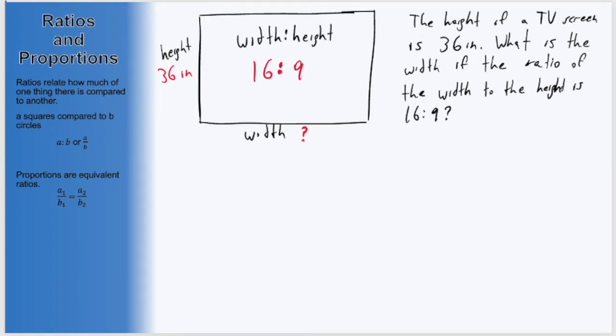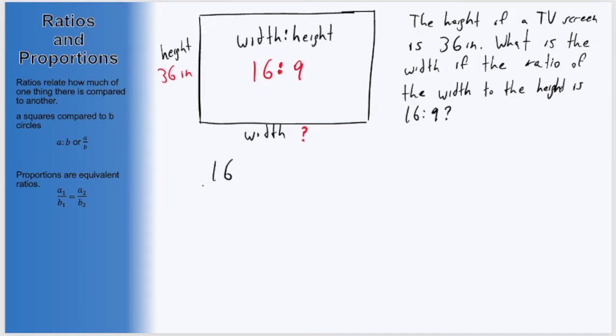Consider a TV screen which has the width to height ratio 16:9, but has a height of 36 inches. Now we're trying to find what is the width. Since we know the ratio of the screen, we can make a proportion where the width over the height has to be the same as that ratio.